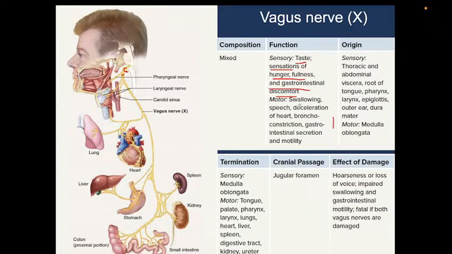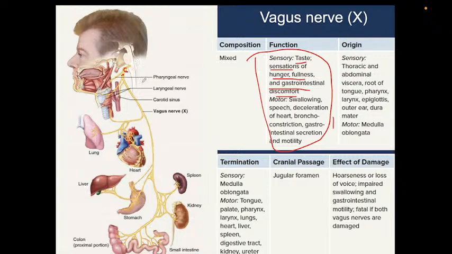The nerve provides swallowing, speech, deceleration of the heart, bronchoconstriction, and gastrointestinal secretion and motility. So it is a very important nerve, as you see from its function.